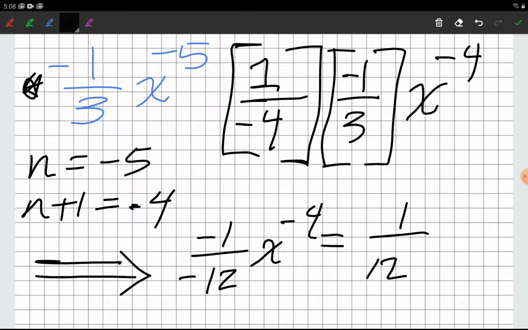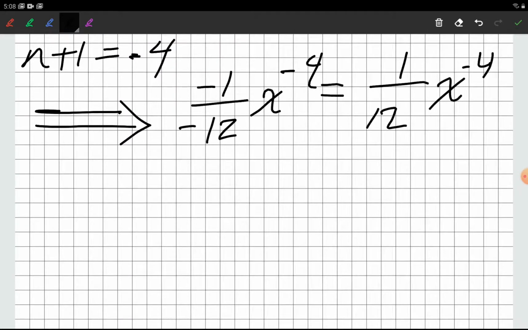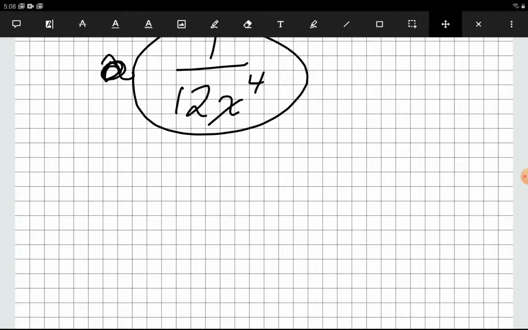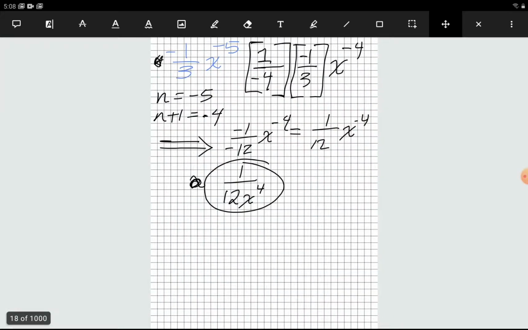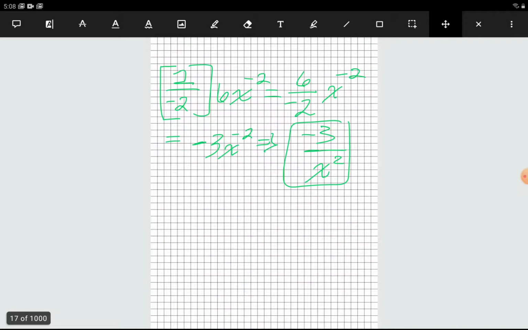So 1 over 12, x to the negative 4, which is simplified again: 1 over 12, x to the positive 4. Okay, and then last one, 2. A simple one. Let me go ahead and add integrals to all of those.